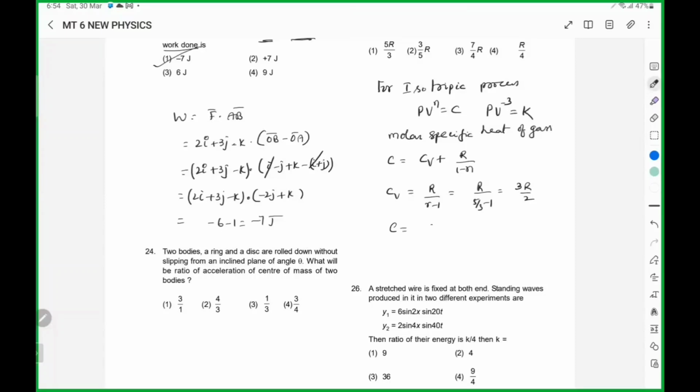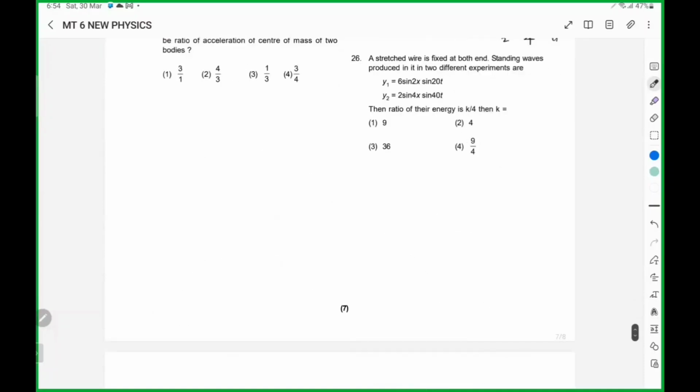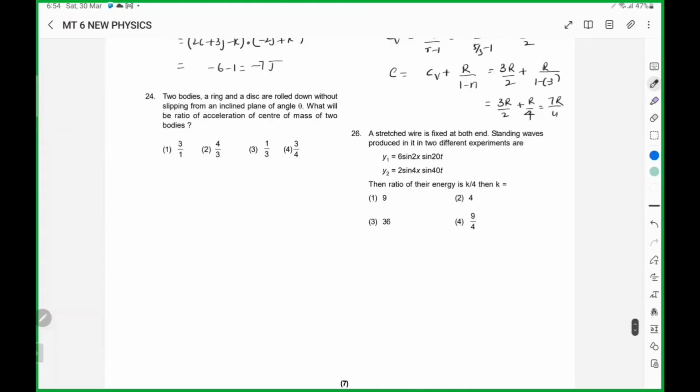C becomes Cv plus R by 1 minus n, that is 3R by 2 plus R by 4, which is 6R plus R, 7R by 2.